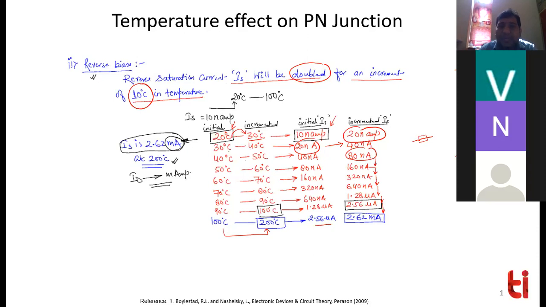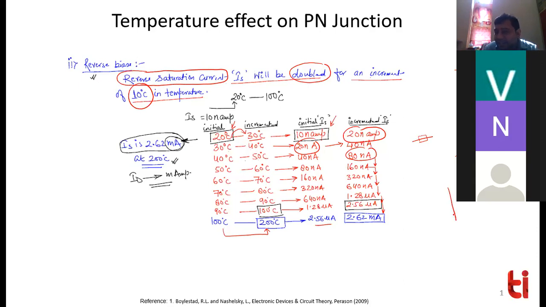Why are you getting double the current? Because with a 10 degrees Celsius increase in temperature, you now have more minority charge carriers. And we know that the reverse saturation current depends only on the minority charge carriers. It is not even dependent on the voltage.